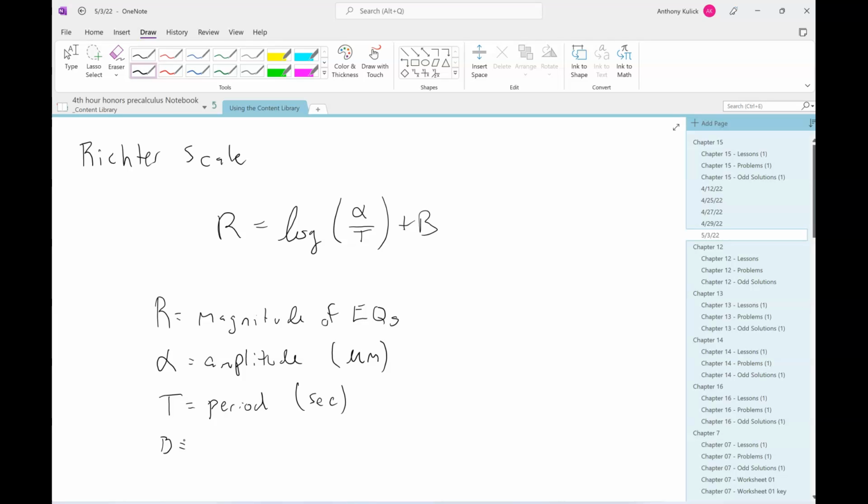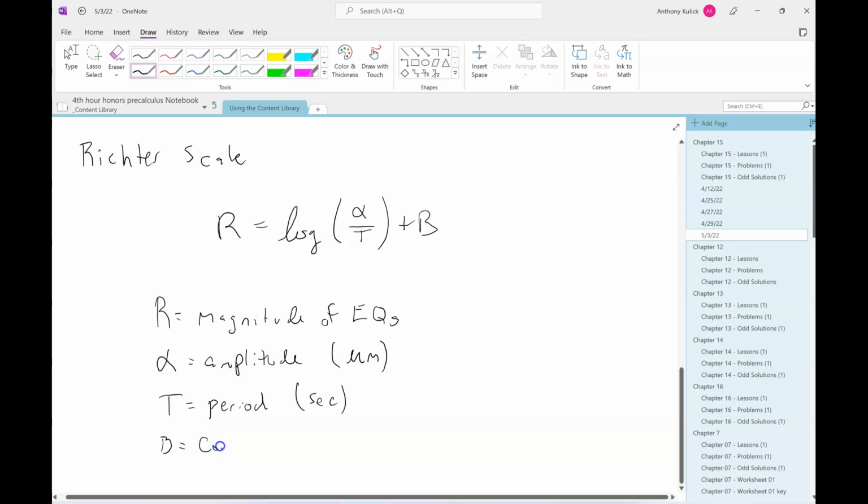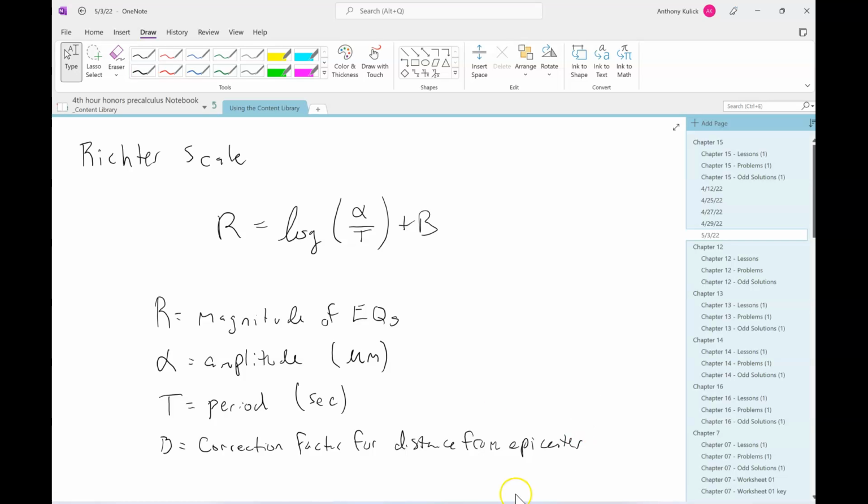I need a correction factor that accounts for how far away I was, right? So that's what this B is doing.